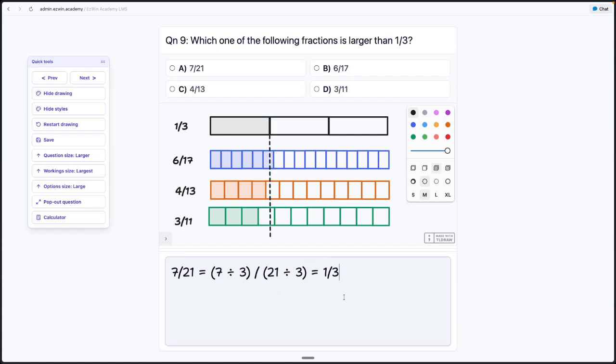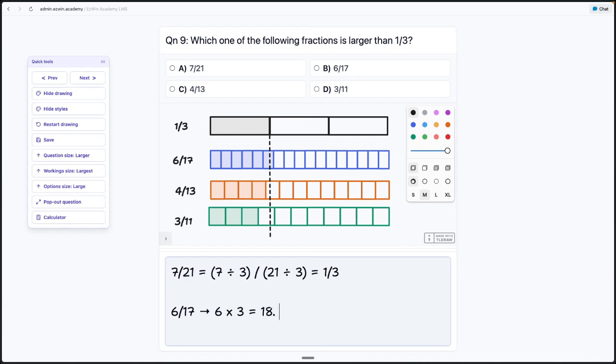The reason is because if we were to have, for example, 6 out of 17, that means we have 6 as a numerator and the total is 17. So if we were to multiply 6 by 3, it becomes 18.